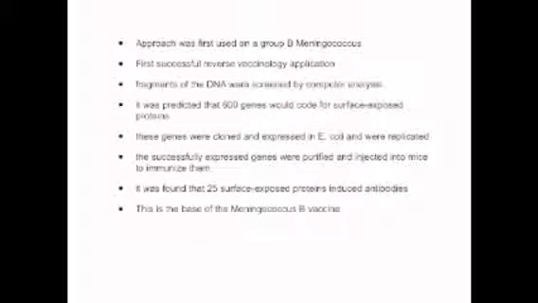These genes were then cloned, expressed in E. coli, and replicated. The successfully expressed genes were purified and injected into mice to immunize them, and it was found that 25 surface-exposed proteins induced antibodies. This is the basis of the meningococcus B vaccine.